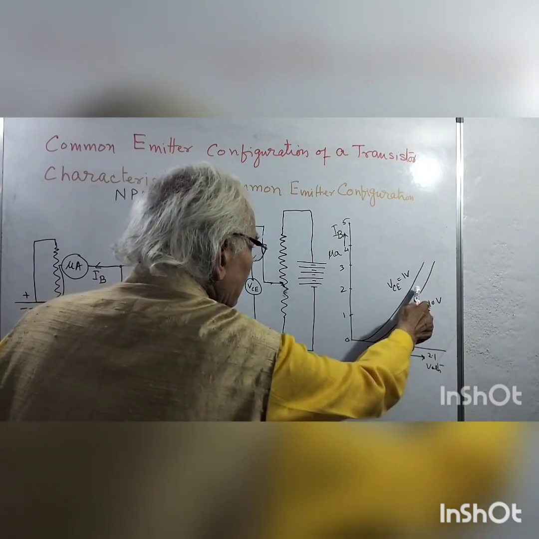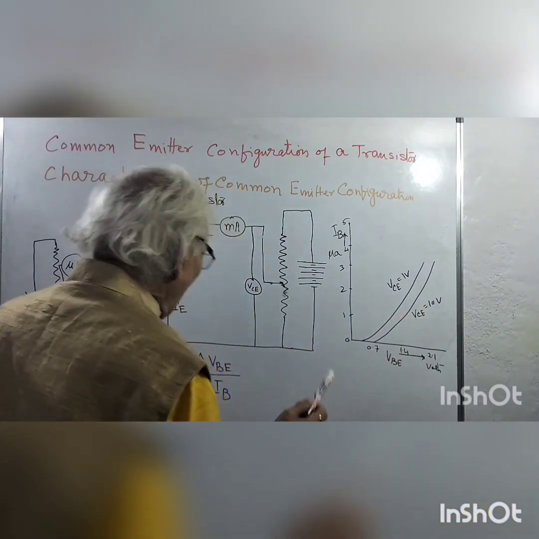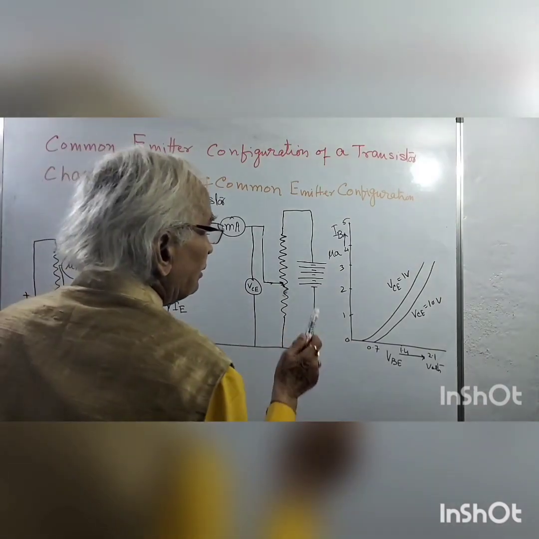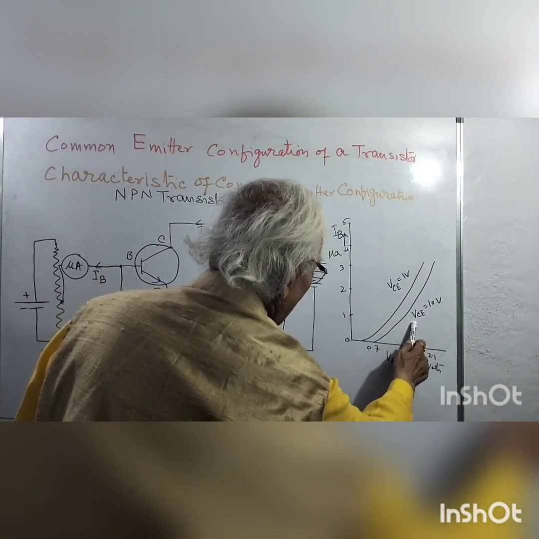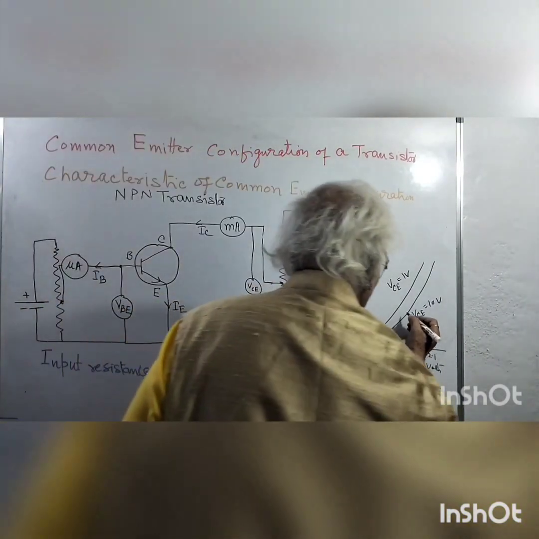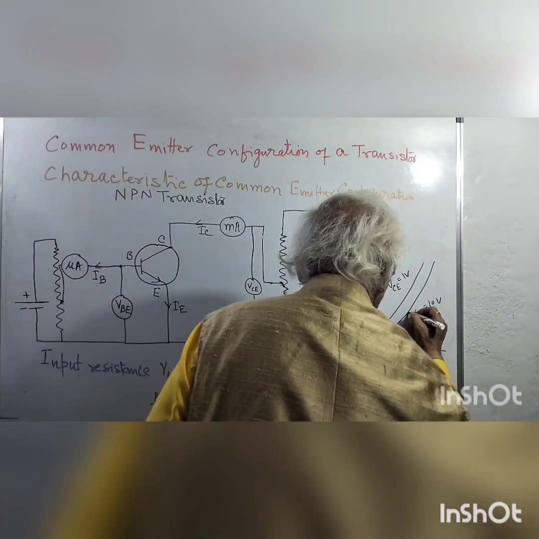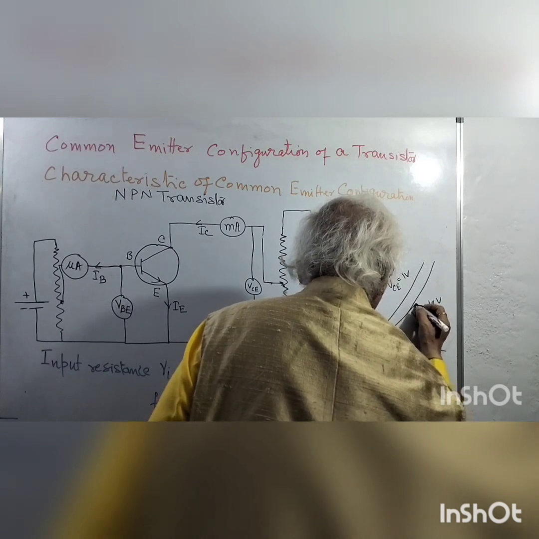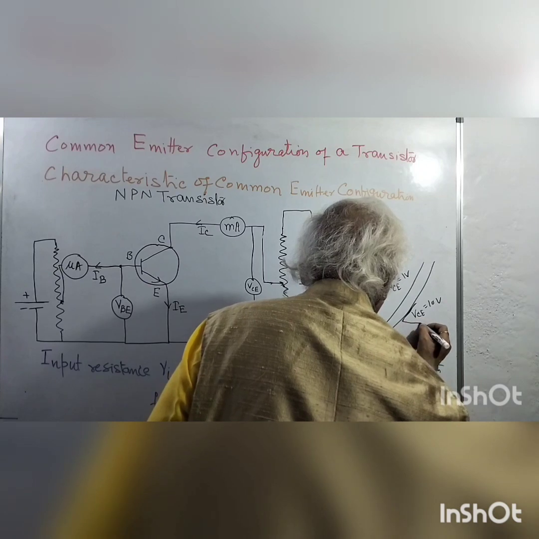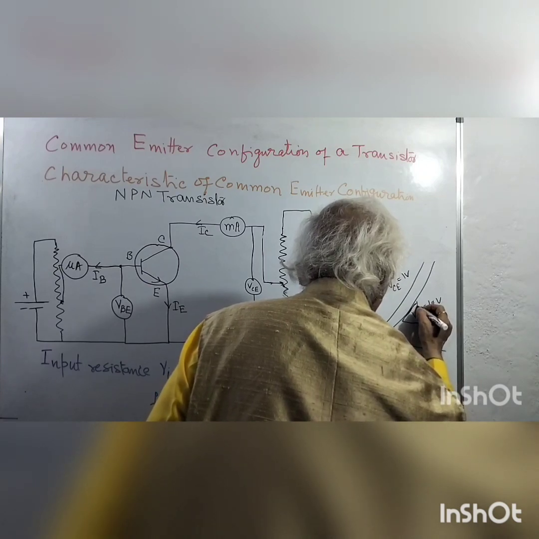From this graph we draw the tangent at any point, and we calculate delta VBE, meaning this side, and delta IB. So maybe we draw a straight line in any region.